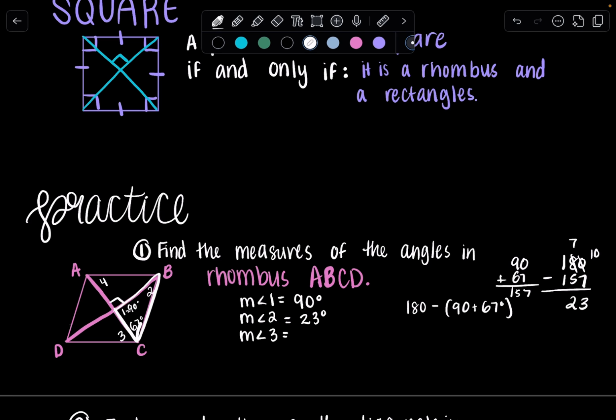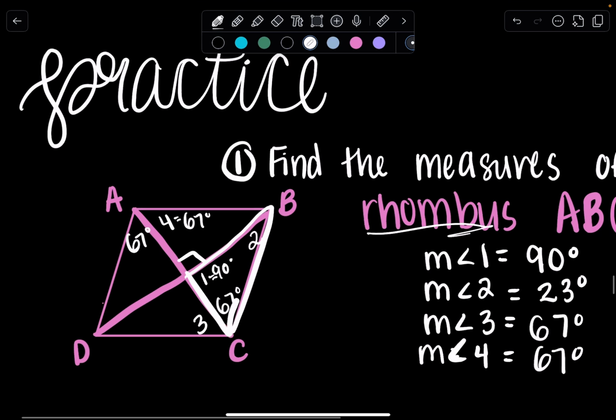The measure of angle 3. We know that rhombuses bisect the opposite angles. So if 67 is right here, the measure of angle 3 is also 67 degrees, which means the measure of angle 4 is also 67 degrees. Now, if I look at this from the big picture, this is 67 and 67.